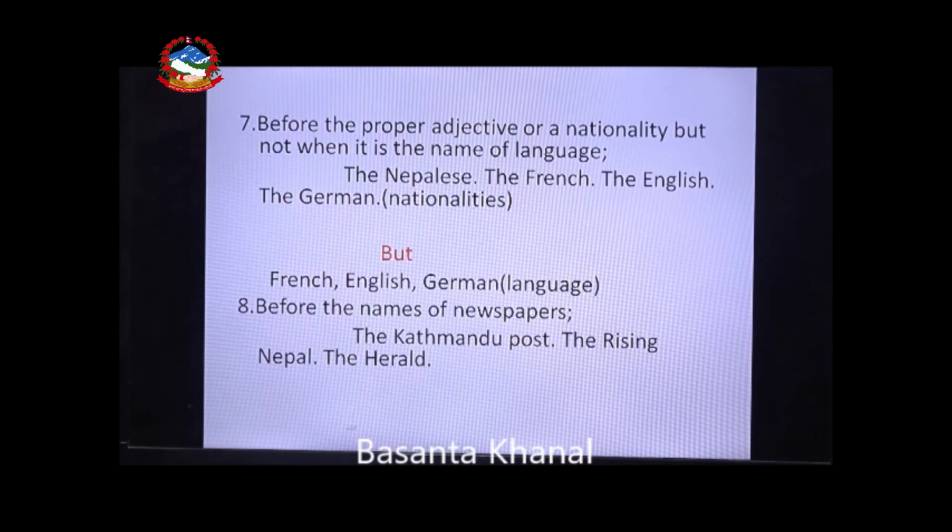For example, the Nepalese, it is the nationality of Nepal. The French, nationality. The English, nationality. The German, nationality. But French, English, German, when we are talking about the language, we are not using the article before French, English, and German.